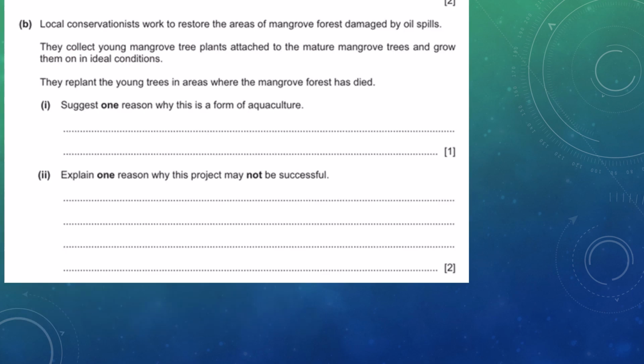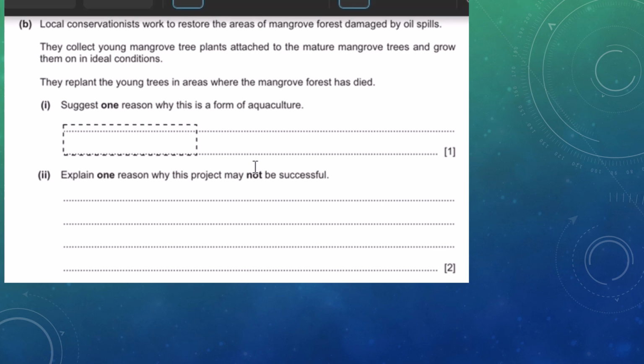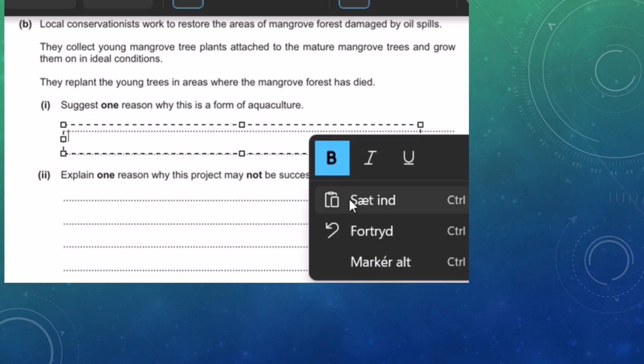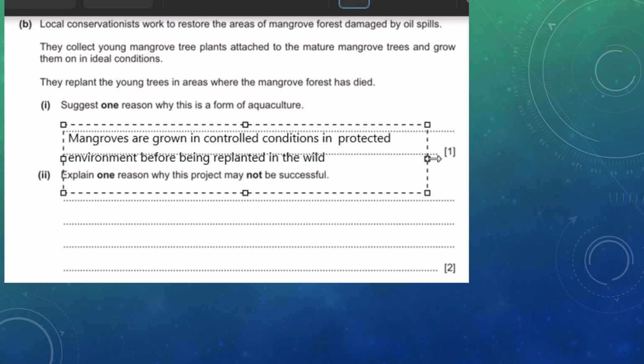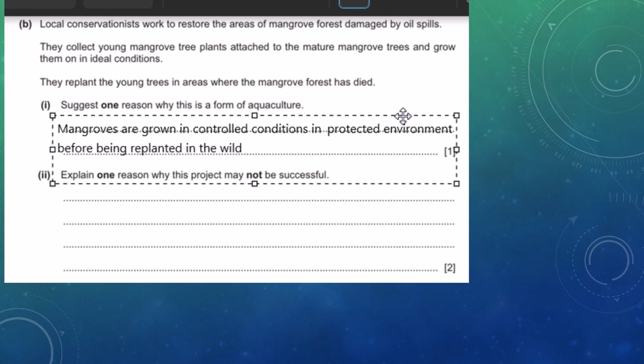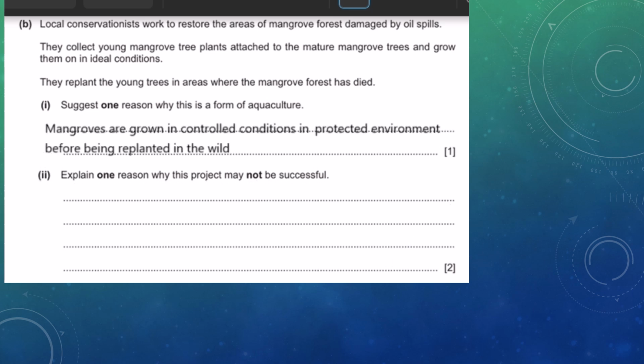Our last question here looks into section 6.9, but also into the agriculture chapter. So, good question. They ask us to suggest one reason why this here is a form of agriculture. And I would say that the mangroves are grown in controlled conditions in a protected environment before being replanted in the wild. That is pretty much what agriculture is.